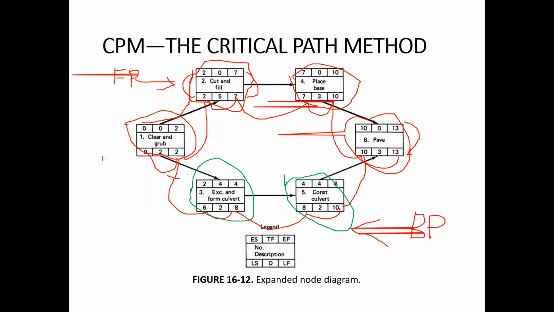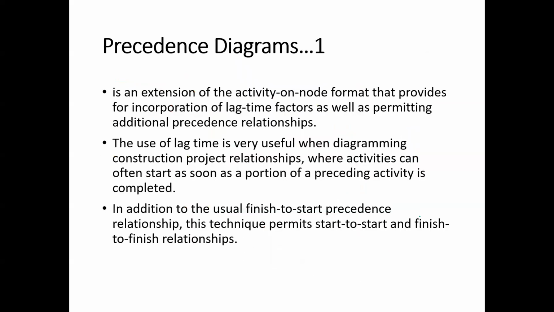So for example, if this activity has started, then with the start of this activity, we can also start the other activity. So instead of finish to start, we can represent it as a start to start activity as well. Okay. So for representing other relationships and also some of the lags, we can represent it on the precedence diagram. Essentially, it is the same, but with some other relationships.